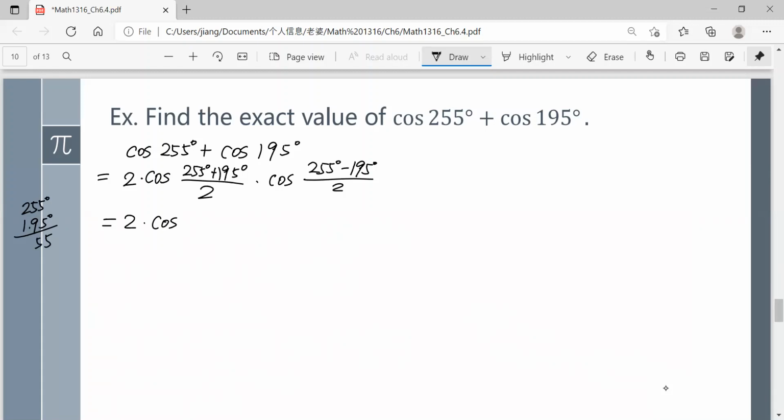Oh, sorry, I made a mistake. 5 plus 5 is 10, and 5 plus 9 plus 1 is 15, so it's 450 degrees, divided by 2.